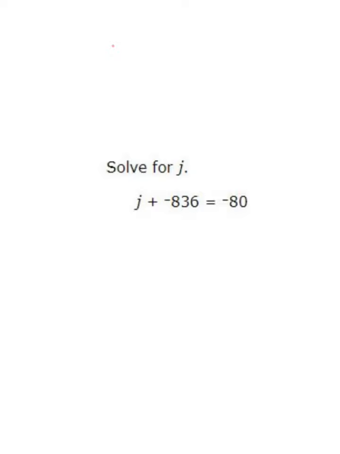The next problem. Solve for j. Again, I'm going to draw my line down my equal sign. That's just to remind me that I need to do everything that I do to the left side of the equal sign to the right side of the equal sign. So j plus a minus negative 836.